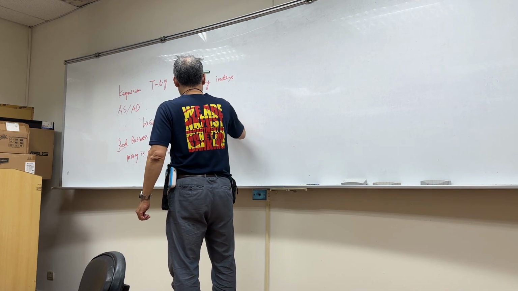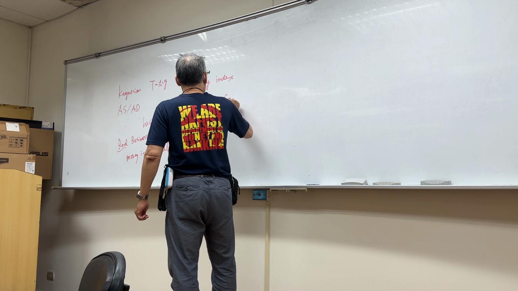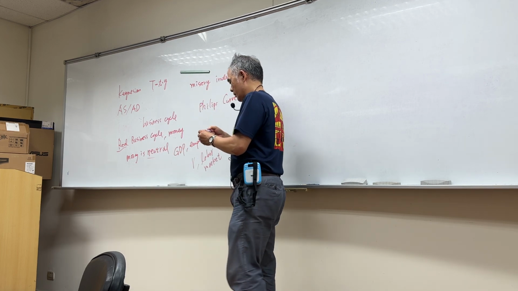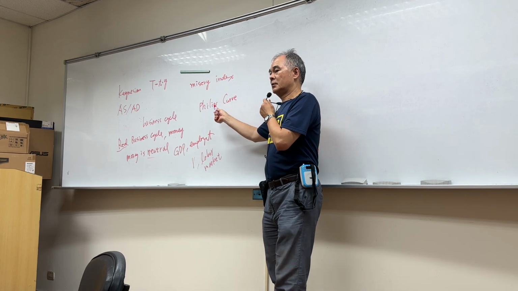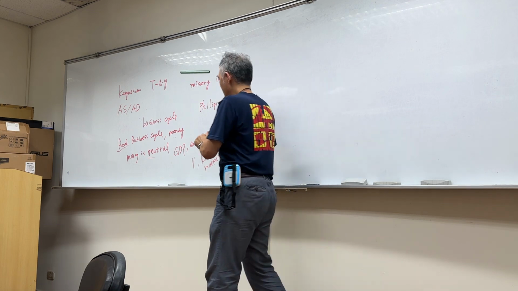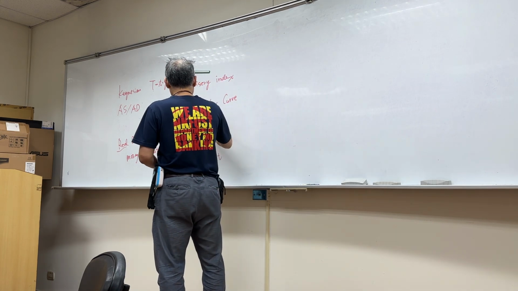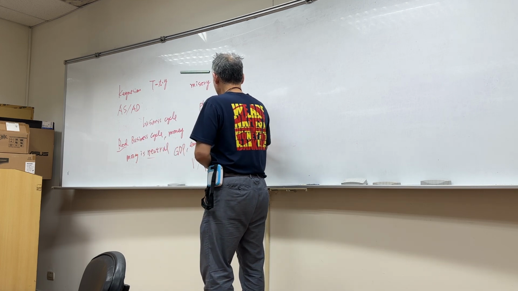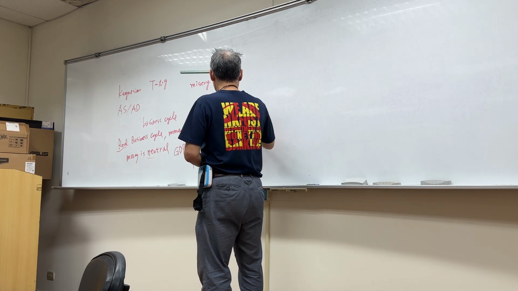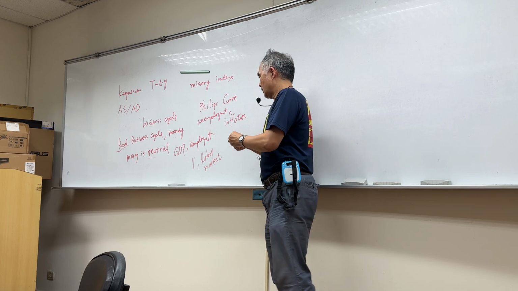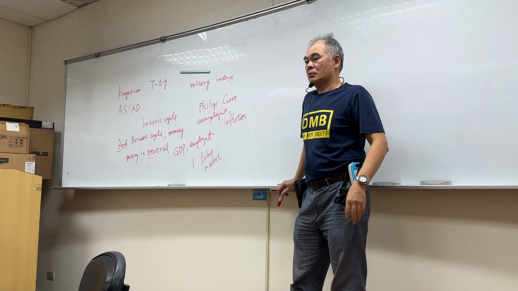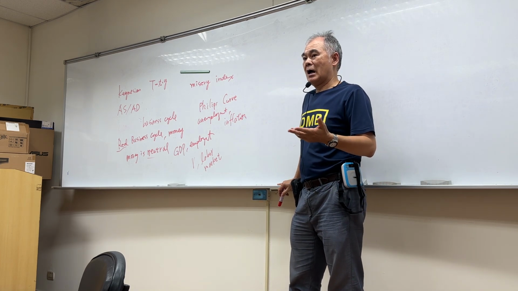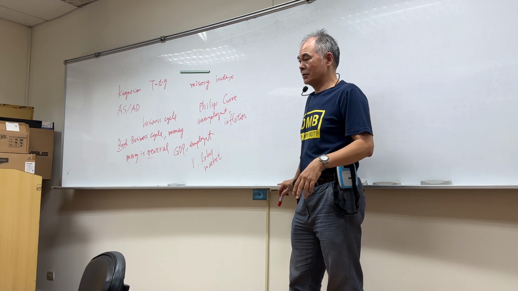There is another concept called the Phillips curve. We will also talk about it. This curve deals with unemployment and inflation. So there is an index called the misery index. How miserable you are, how much you suffer.